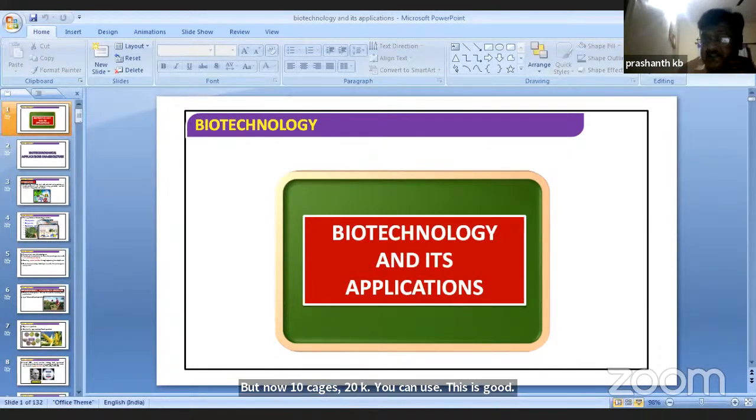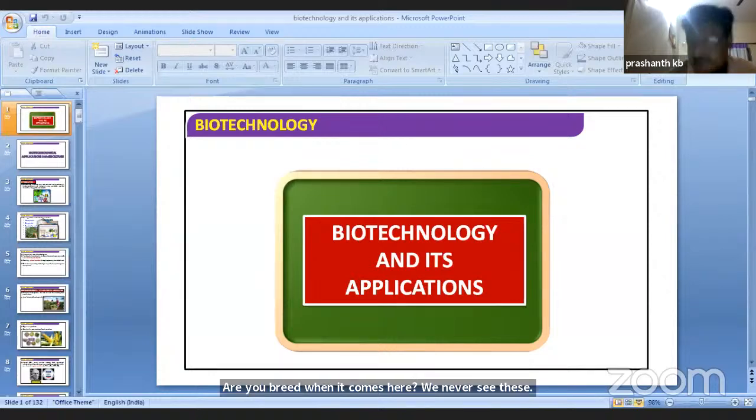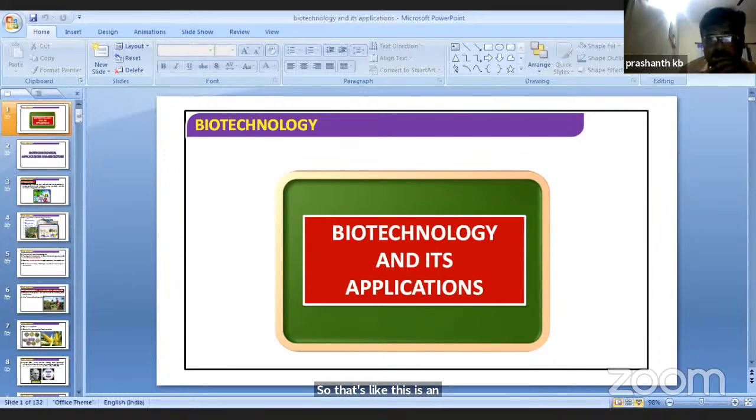And disease resistance is another important one. Normally tobacco curly leaf disease or leaf spot diseases are observed. Nowadays hybrid genetically engineered tomato varieties have come where we never see this kind of disease at all. So that's why we have obtained disease resistant varieties. Okay. Next.